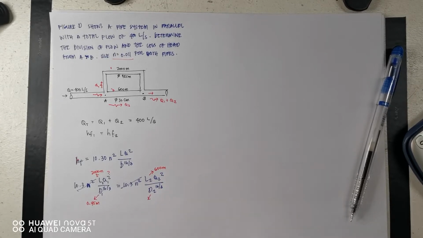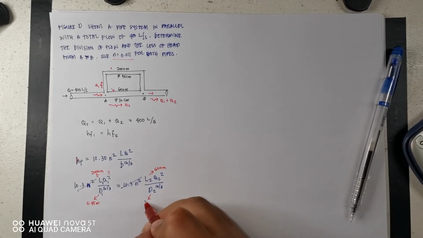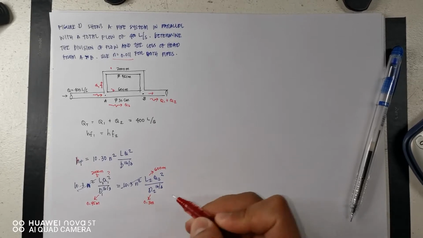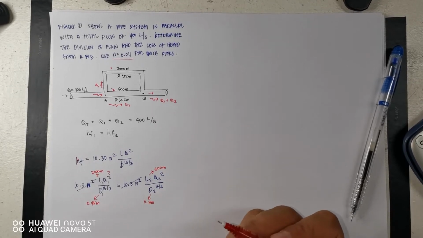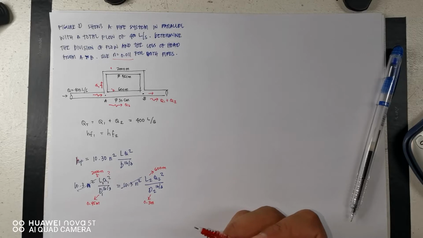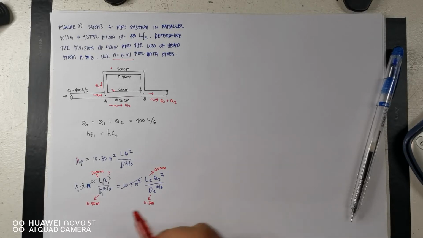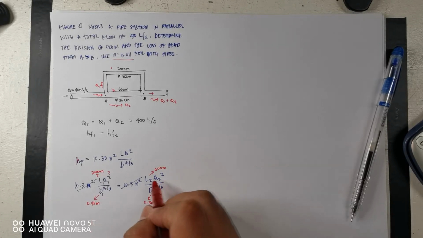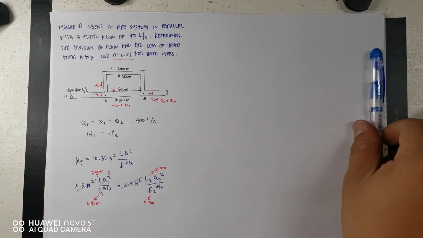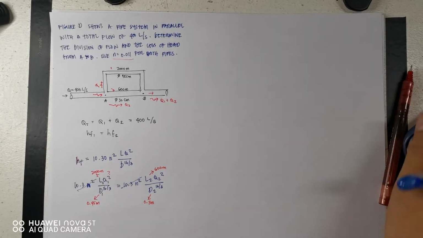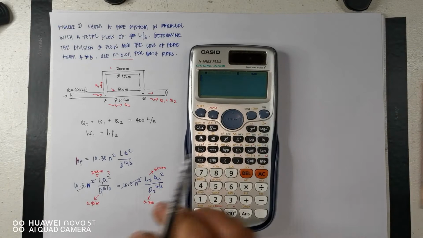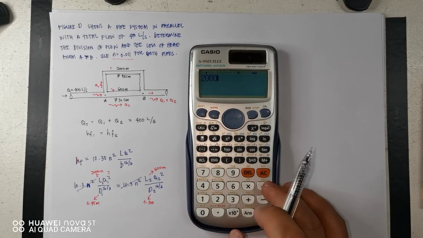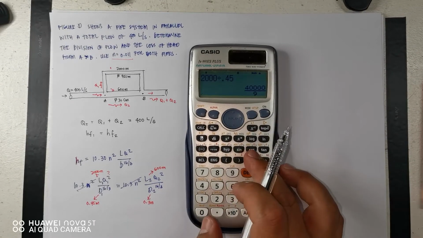Si D2 is 0.3 meters. So, makakakuha tayo dito ng relationship ni Q1 at ni Q2. Kapag sinimplify natin ito, unahin natin 2,000 over 0.45.